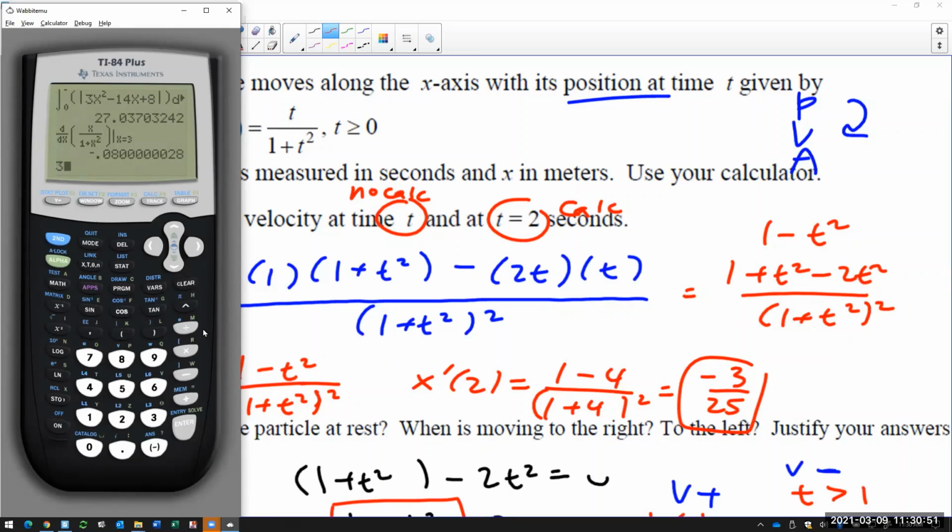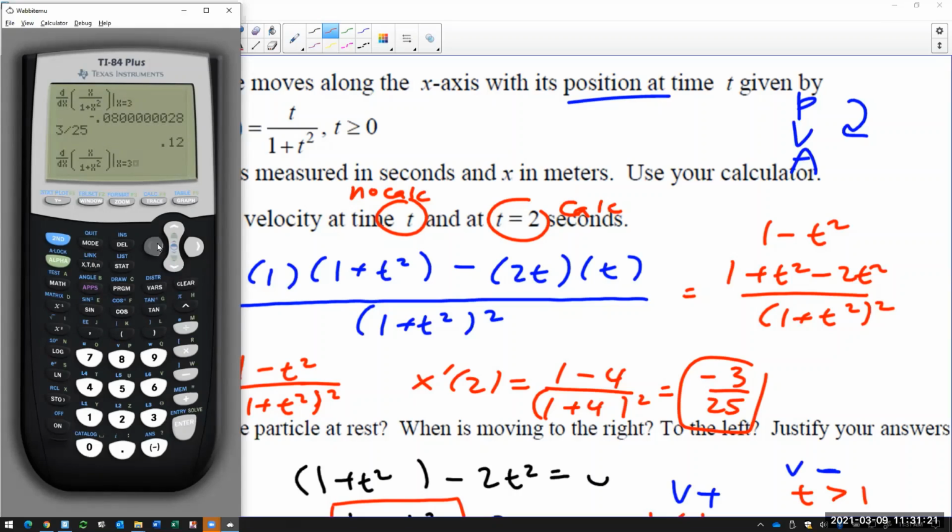I can check it out, right? 3 divided by 25. Is that 0.08? Hopefully it is. Sorry, I plugged in the wrong number. That was supposed to be a 2. Okay, back to the drawing board. How do you get back up there? Can I just go up there like this and hit enter, and then go down?